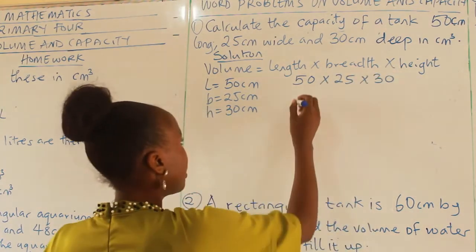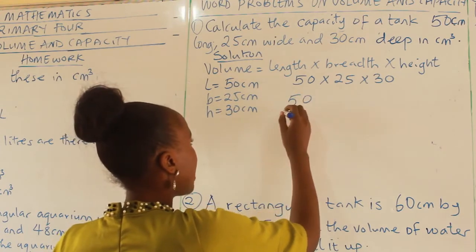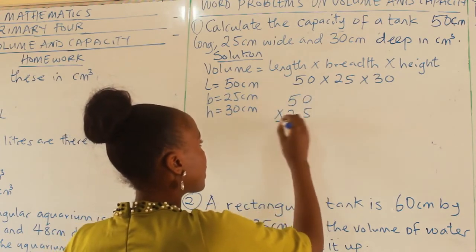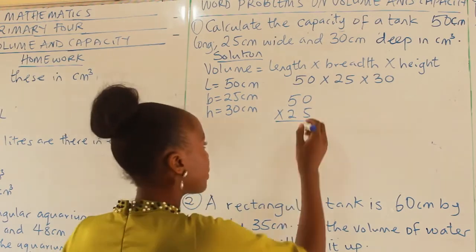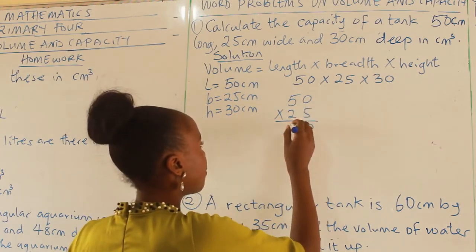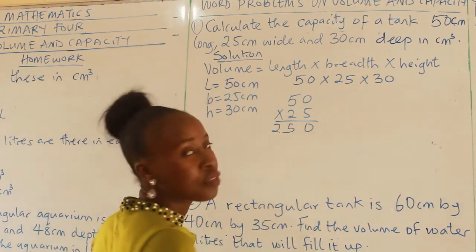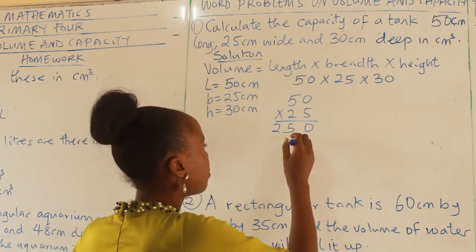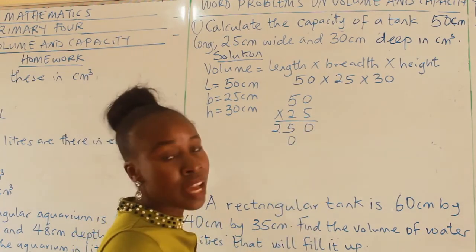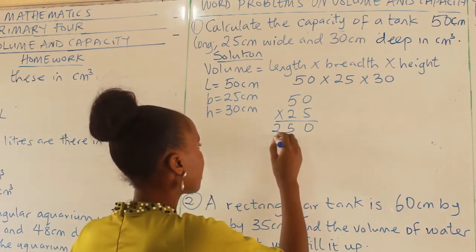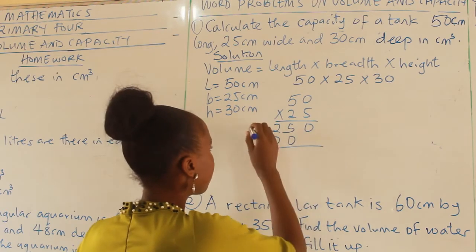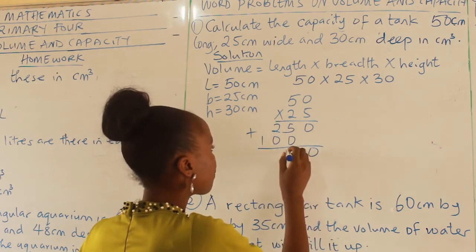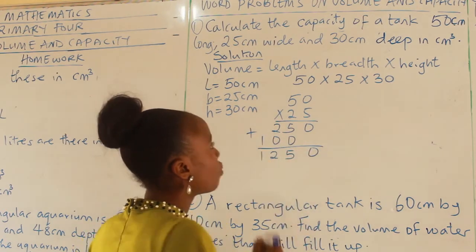Alright. 50 multiplied by 25. 5 times 0, 0. 5 times 5, 25. 2 times 0 is 0. And 2 times 5, 10. So if we add our answers together, we have 0, 5, 2, and 1.